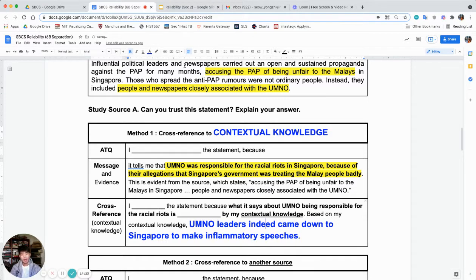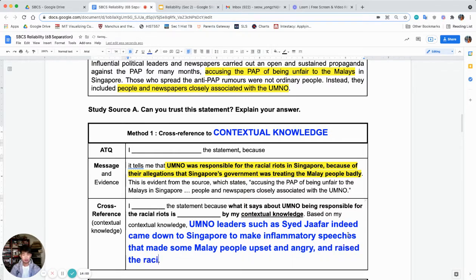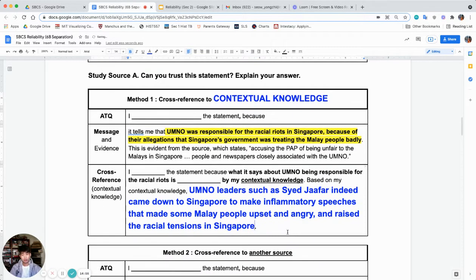Even better, if you can flex on me, you know who the leaders are, such as this guy called Syed Jaafar. He came down to Singapore, made inflammatory speeches that made some Malay people upset and angry, and raised the racial tensions in Singapore. Oh, this is my contextual knowledge.